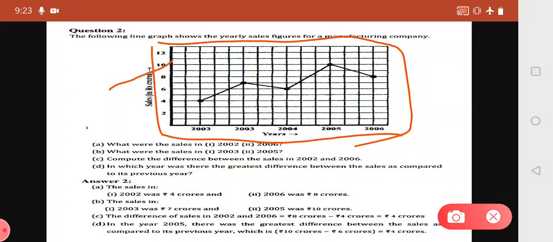Only you will write these answers and the related questions. Only the question answers of question number 1 and 2 you have to write. This graph only we will use from the textbook to give our required answers to the questions. Thank you.